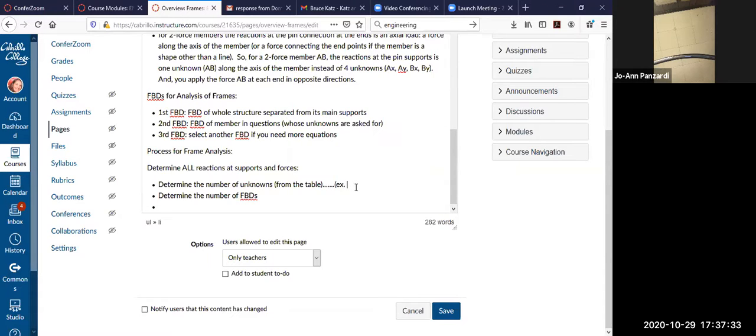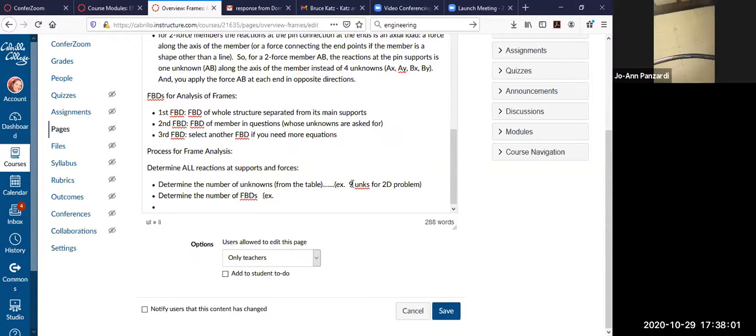An example is 8 unknowns. No, let's make it weird. Let's do 9. It's 2D, 9 unknowns, we're only doing 2D frames, a 2D problem. So then what number of free body diagrams would you need for that? 3 bodies.